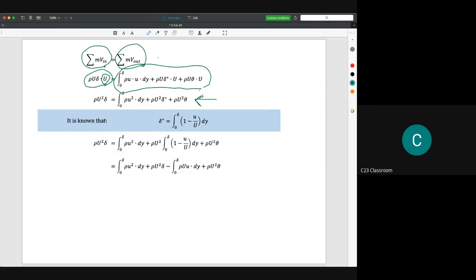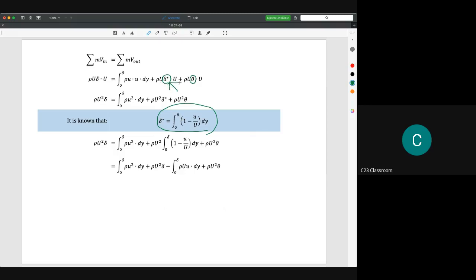Okay, and then we have a problem here because we have two unknown terms, which are delta star and also theta. To simplify this, we substitute the value from our previous calculation. We substitute delta star equal to the integration of 1 minus u over U into this equation.